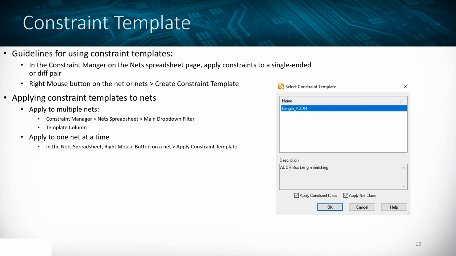To apply those constraint templates to other nets, we can utilize the main drop-down filter, and there is a template column with a drop-down where we can specify which constraint template my nets are going to use. Or again, we can just right mouse button click and apply those constraint templates to them.